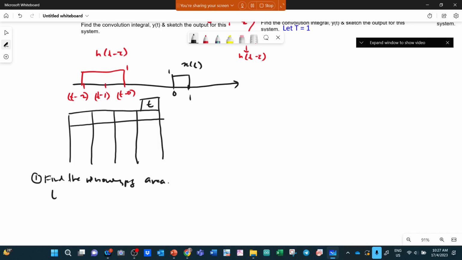Okay, so at t equal to what? T equal to 0 lah. So ni akan jadi 0 minus 0, 0. 0 minus 1, minus 1. 0 minus 2, minus 2.